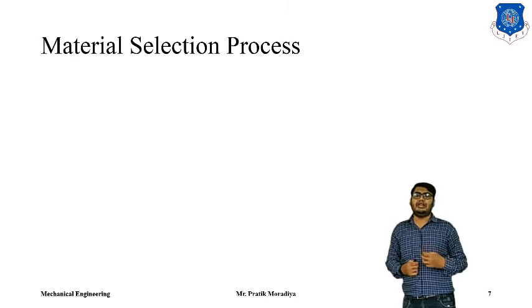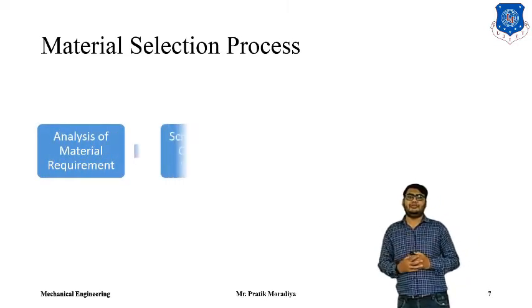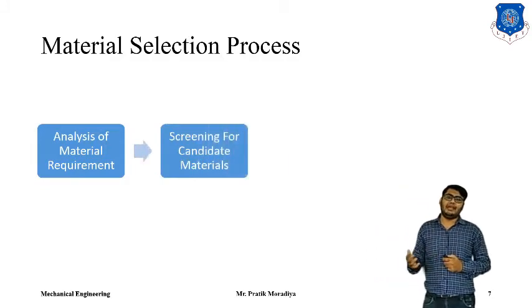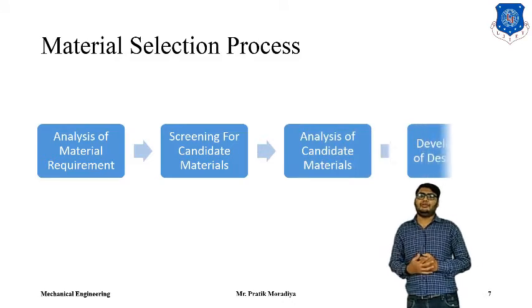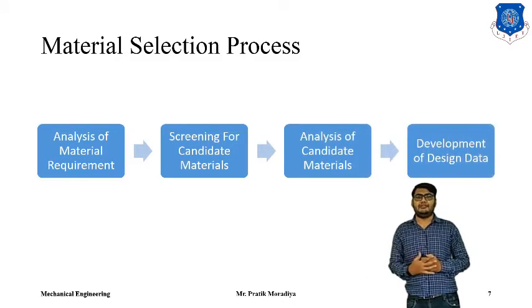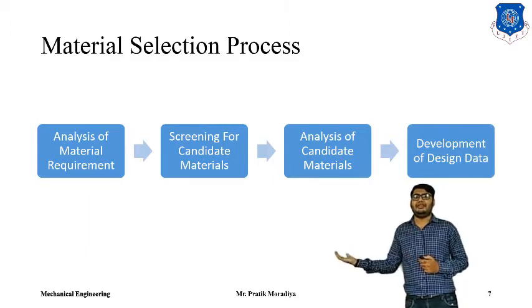Now, how to select those materials? There is a simple process of selecting the material. First, we analyze the requirements of the material, from the specifications that are given to us. Then we screen for the candidate materials, which materials are available, which are our options.